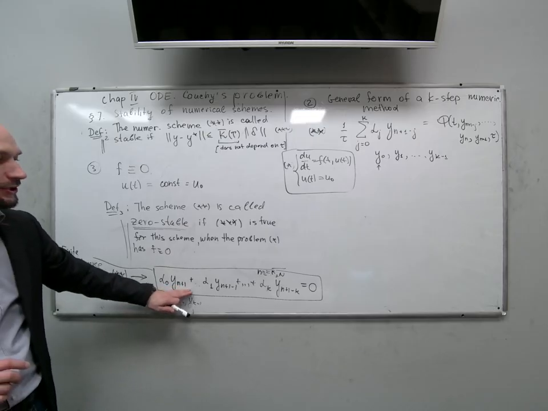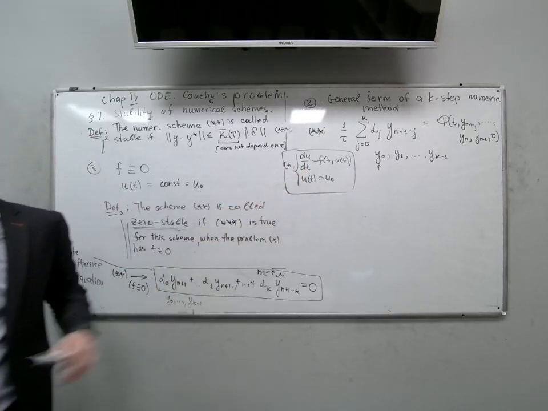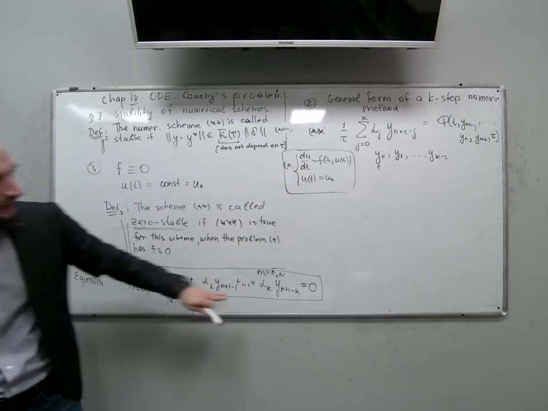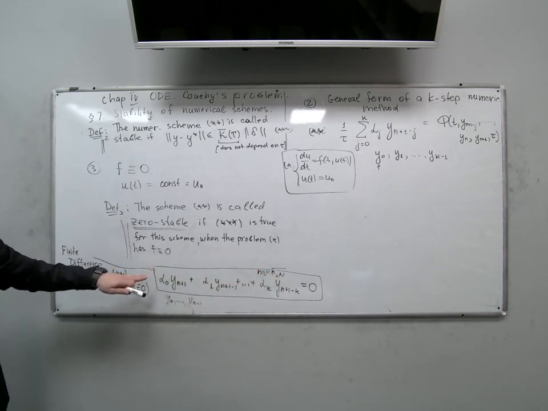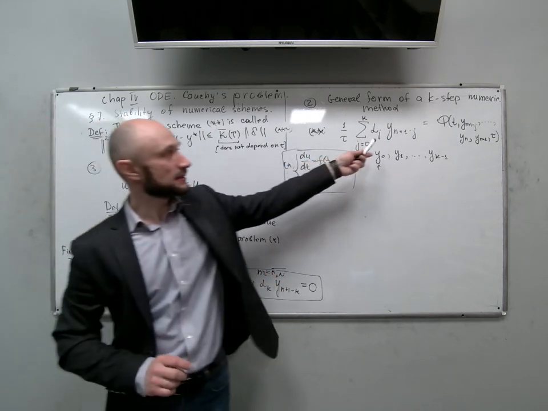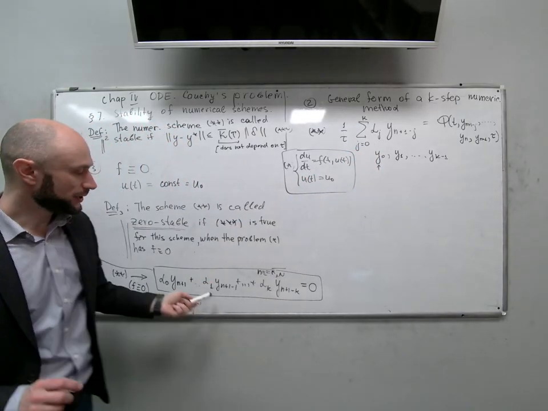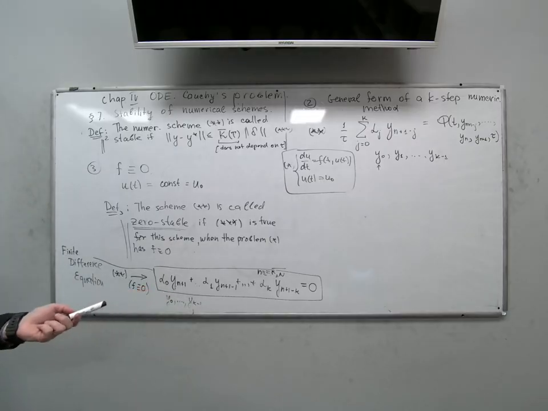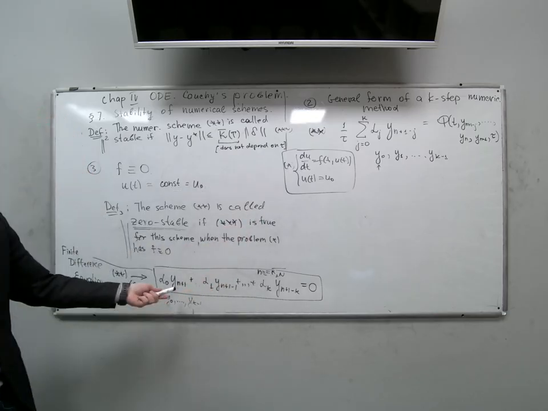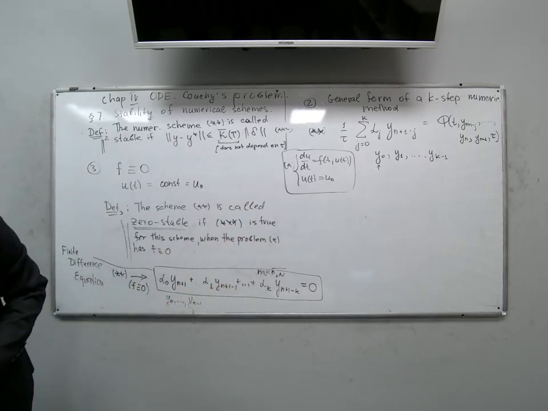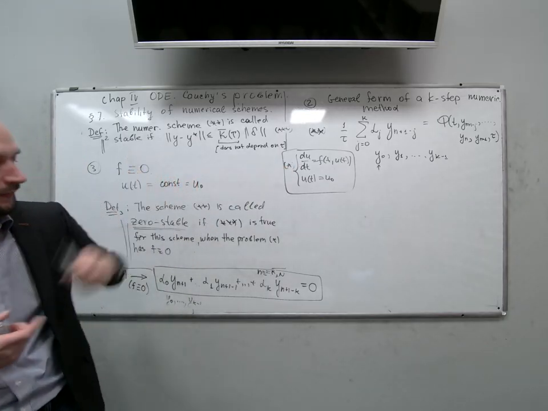This equation is considered parallel to a differential equation, since this linear combination of unknown function values approximates the derivative of our original equation. The theory of such equations is very similar to the theory of ordinary differential equations.